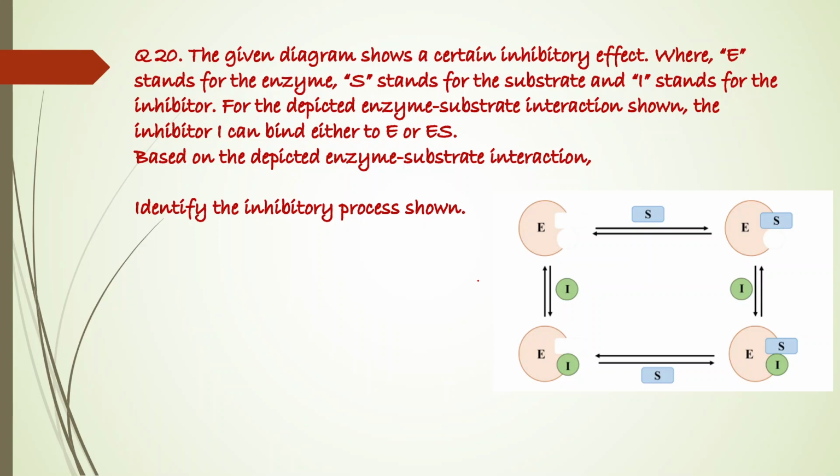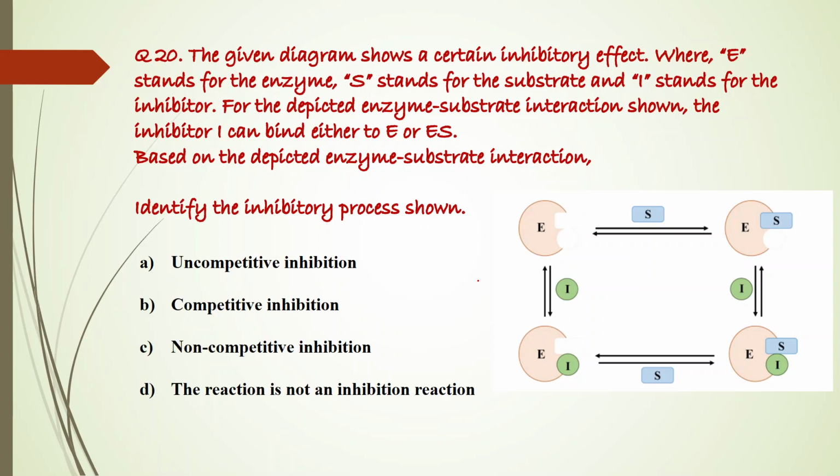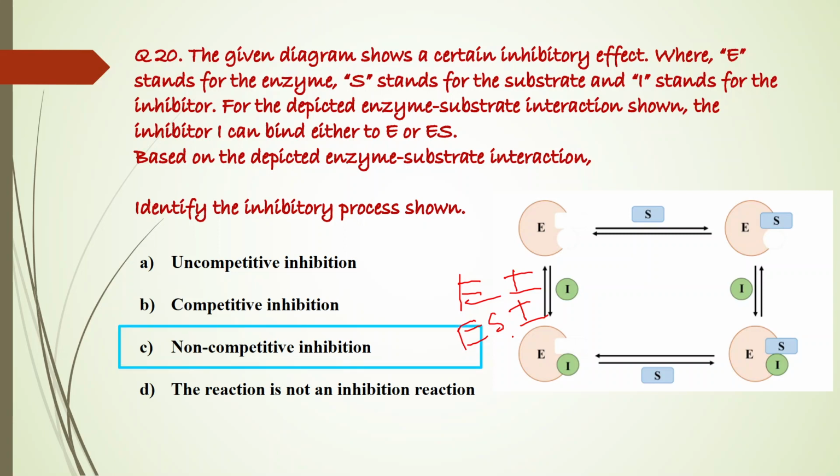Based on the depicted enzyme substrate interaction, which of the inhibitory process is going on? So I have discussed this distinctly many times, that whenever an inhibitor can form both EI and ESI complex, they must be non-competitive inhibitors. Yes, absolutely, all of you are correct. So the correct option for this question is option number C, non-competitive inhibition.